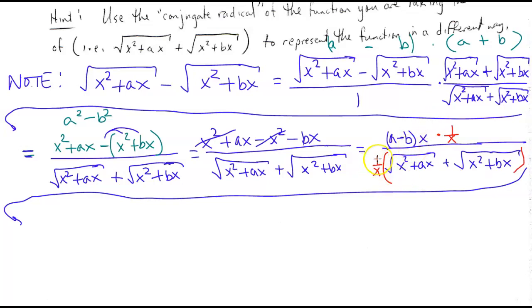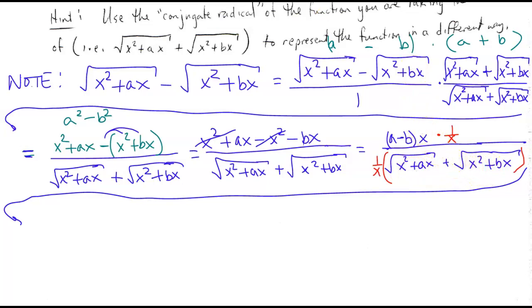However, I have a problem in the denominator here because I technically can't multiply 1 over x. Well, I can try to multiply 1 over x by both of these terms, but the issue is that I need this 1 over x to get on the inside of these radicals here, okay?